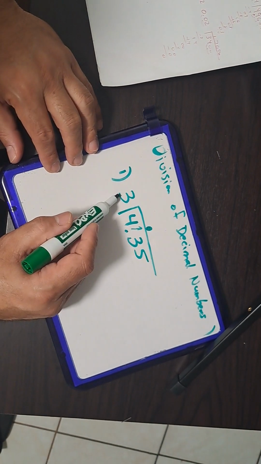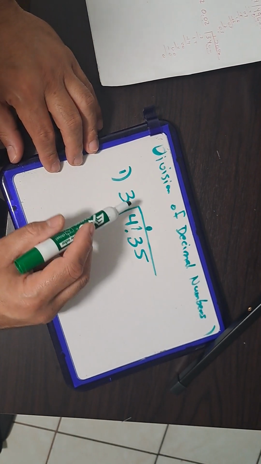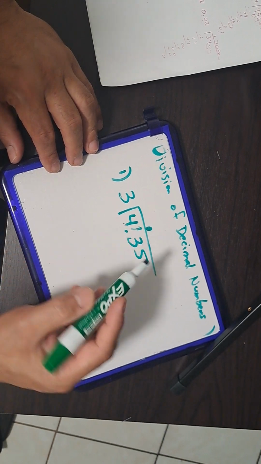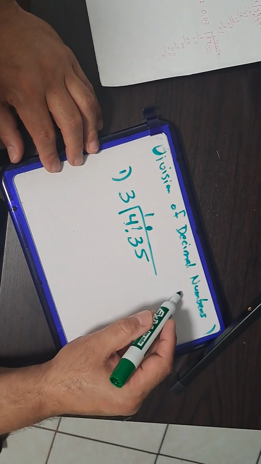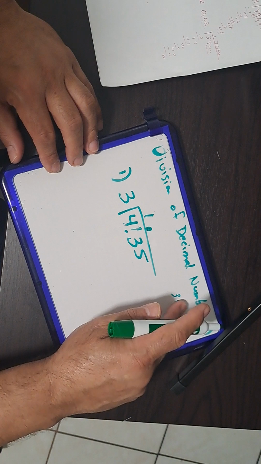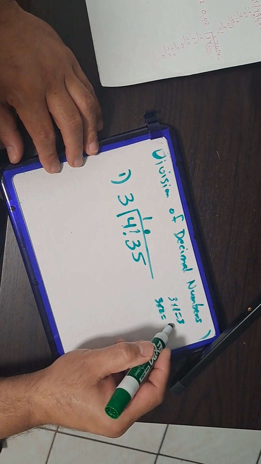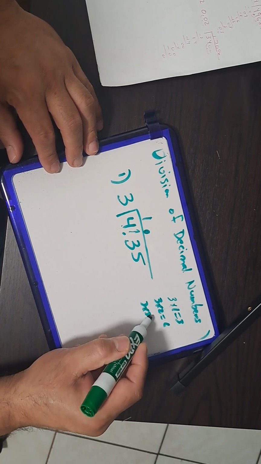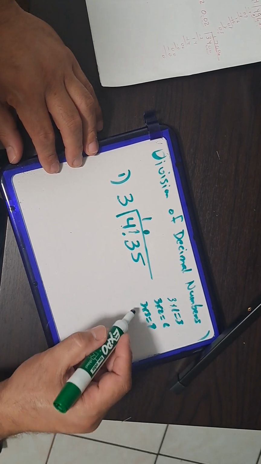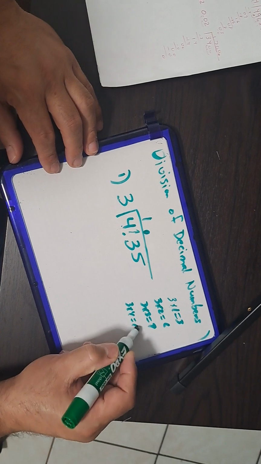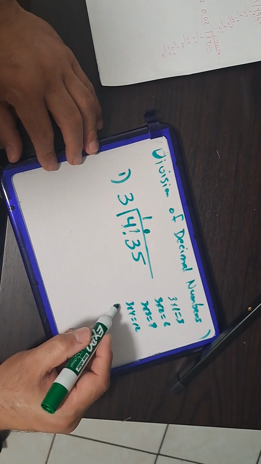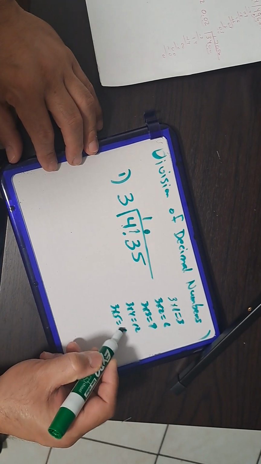So you have 3. How many times can you fit 3 into 4? That'll be 1. Why? Because if you use the times table of 3, which is the easy way to divide, knowing your times table, you actually never will have to divide. And I mean never.